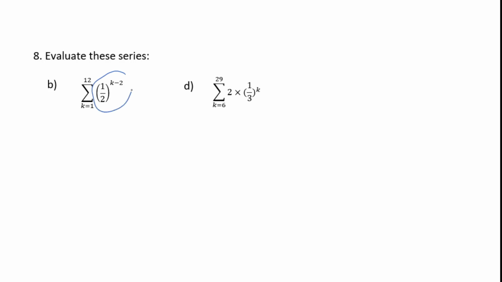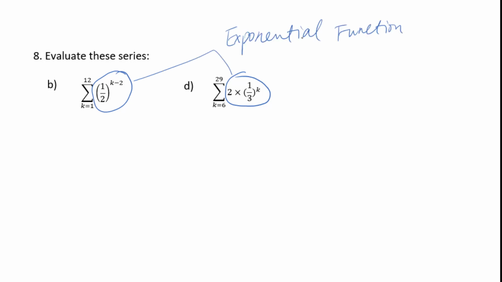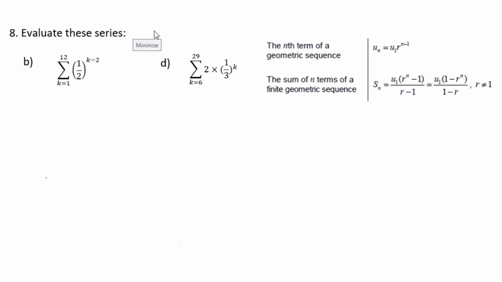For these two, we could say both are exponential functions. For exponential functions, they are geometric series. So we can use the formula for geometric series to work these two out.